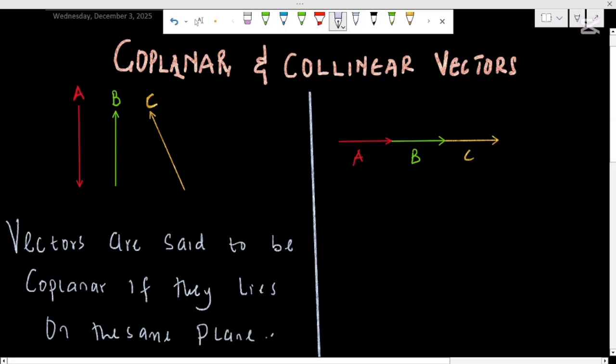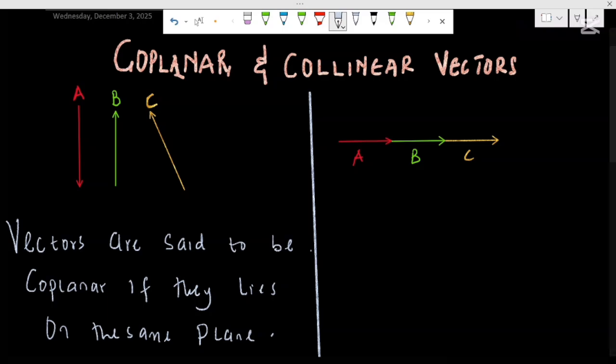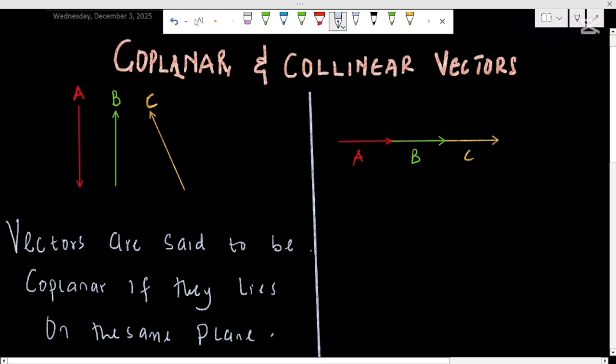Right? Now, for collinear, they are a special case of coplanar vectors. They are also lying on the same plane, but they are lying along the same direction. Do you get the logic now?